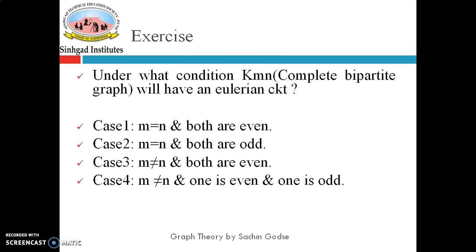In case of a complete bipartite graph, there are two vertex sets V1 and V2, and if it is complete, then there is an edge from each and every vertex of the V1 set to each and every vertex of the V2 set, and the total number of edges in a complete bipartite graph is M into N. So if you know the condition for the Eulerian path, here they ask about the Eulerian circuit, and in case of Eulerian circuit, we know that the degree of each and every vertex will be even.